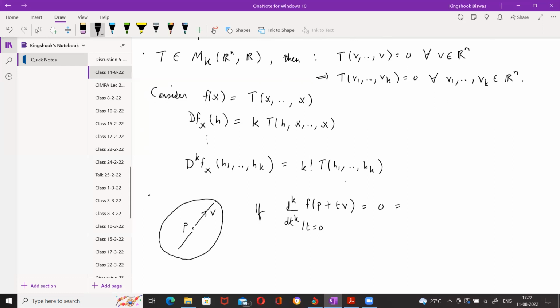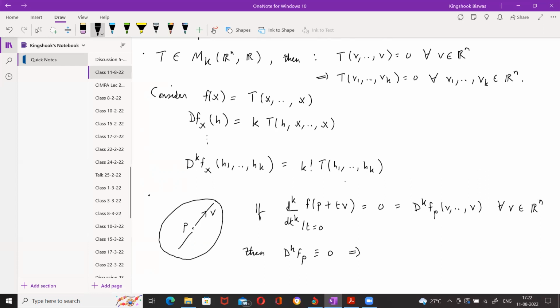This we know is equal to d^k f at p of v comma v, for all v in Rn. Then we know from the above that d^k f at p is identically 0.